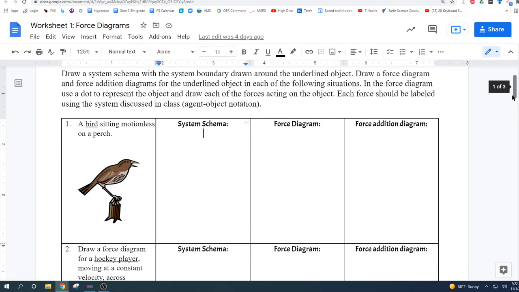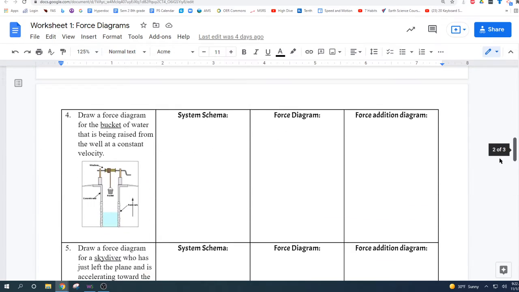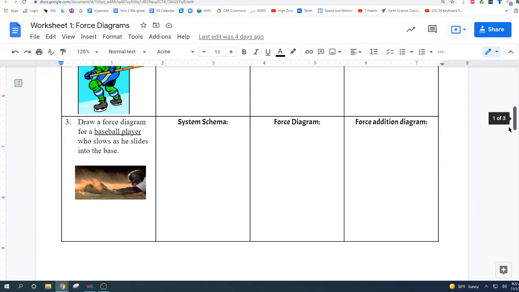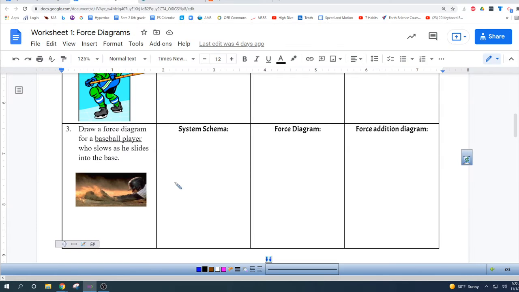So let's choose one. Let's do this one here. This is one that we did as a class. We have a baseball player who slides into the base. So for our system schema, we have our player, we have our earth, and we have our ground.